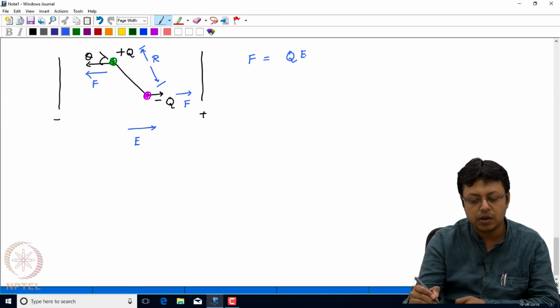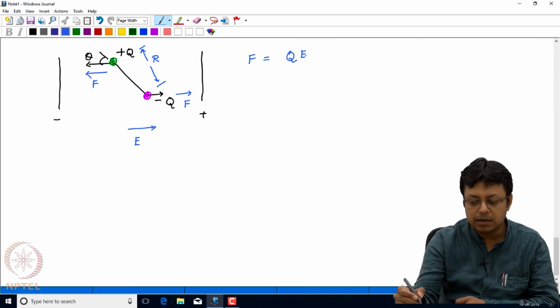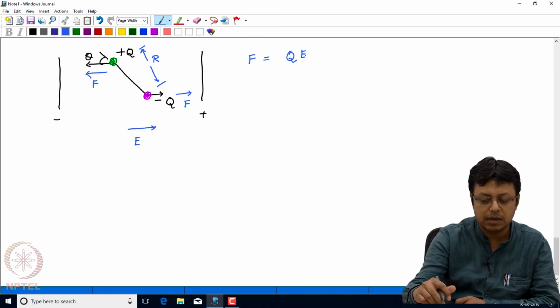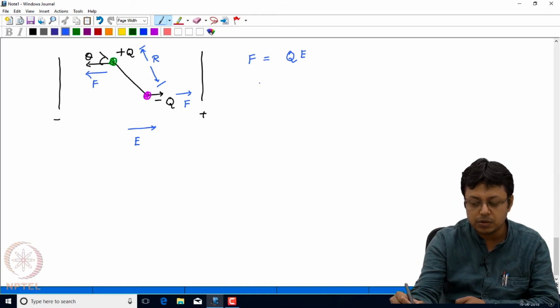So, we talk about the lever arm of the dipole. Remember that the lever arm is the projection of half the distance between the charges of the dipole, so in this case it will be r by 2 sin theta.